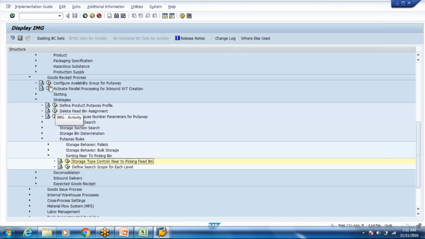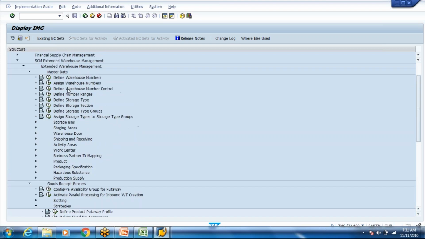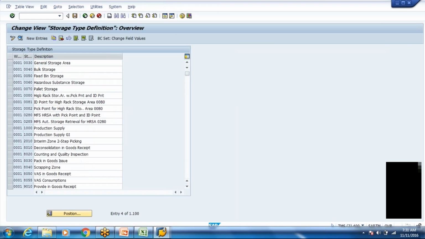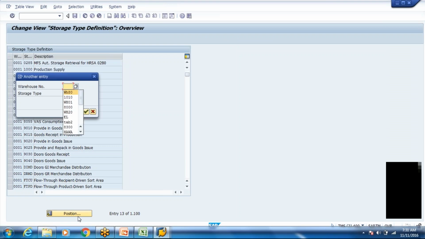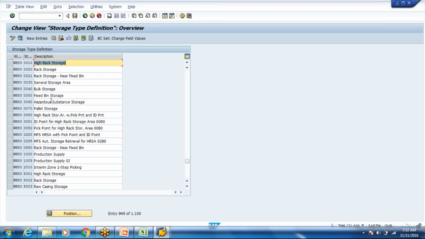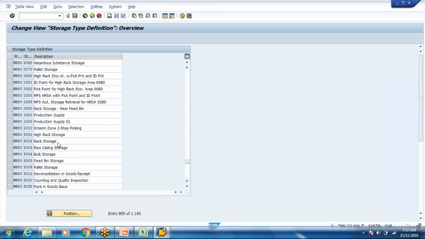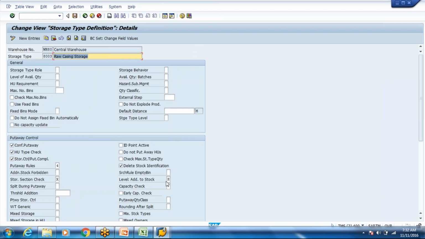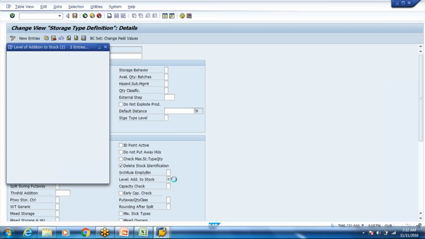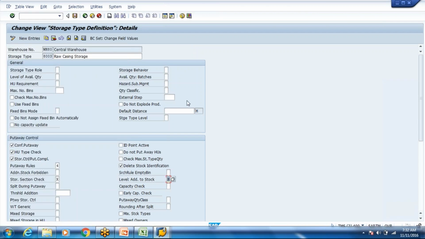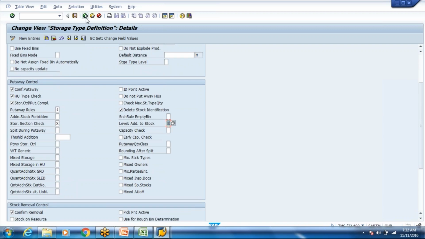We will have to create a new storage type for that. So I don't think 8003 has a near fixed-bin strategy. See, it does not have any relation stock. So it does not have a near fixed-bin strategy.